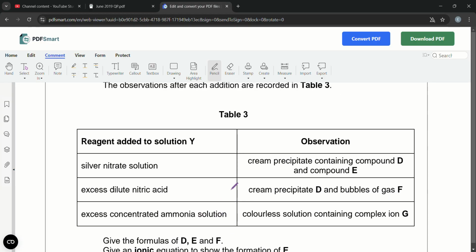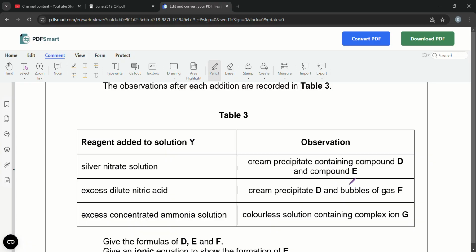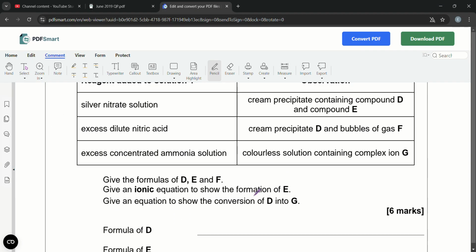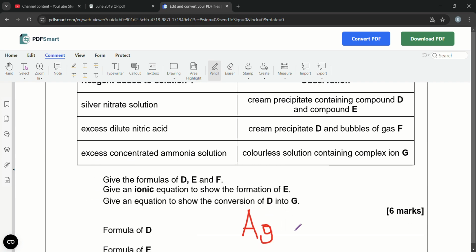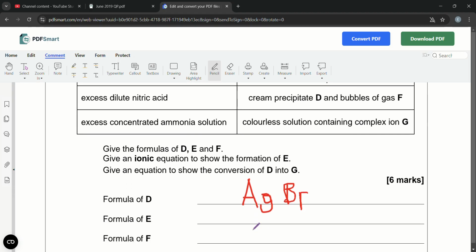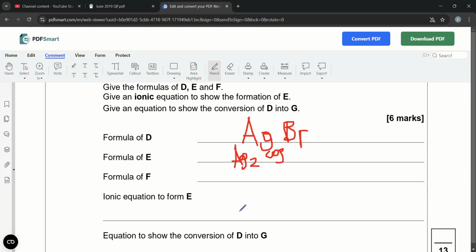Give the formulas D, E, F. A cream precipitate containing compound D and compound E. It's going to be AgBr. The formula of E is going to be Ag2CO3, and the formula of F is going to be CO2.